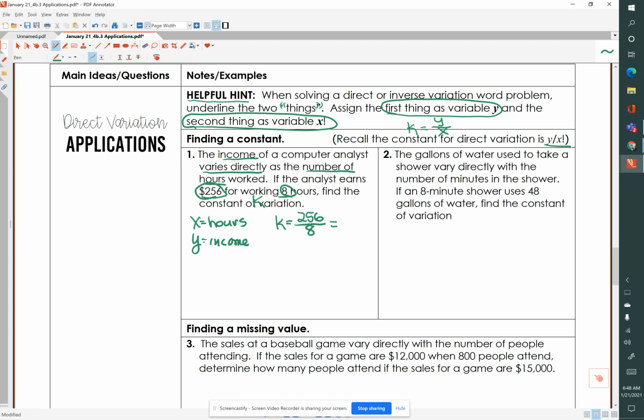And when we simplify that and divide 256 by 8, it does go into it evenly, and we get a number of 32. So what have we just figured out? We've just figured out how much money this computer programmer makes per hour when she does this programming.